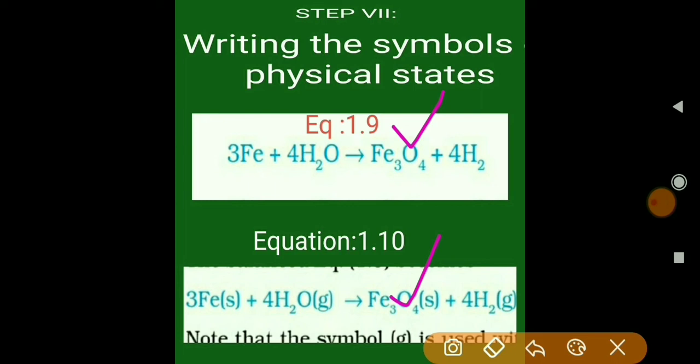Does this equation tell us anything about the physical state of each reactant and product? No. No information has been given in this equation about their physical states, like this: solid, gas, solid, gas. What these are, let us see next.